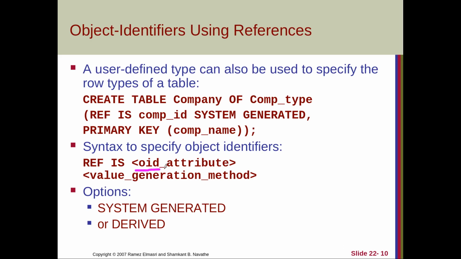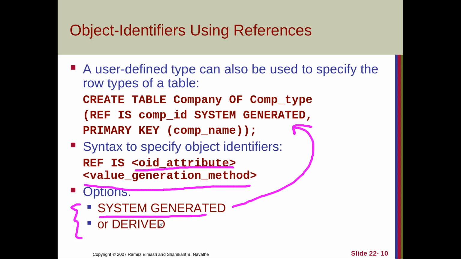So which attribute can be used for this object identity. Then the value generation method. After putting a space, we can see a value generation method. The various options for this value generation method are: first one is system generated, which was used in this particular example, and it can also be derived.